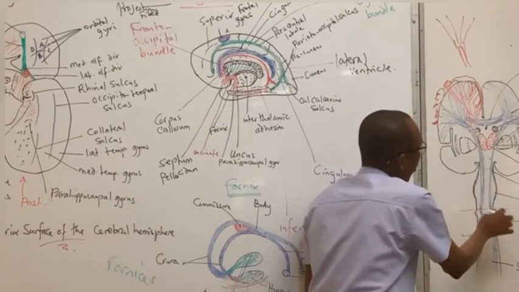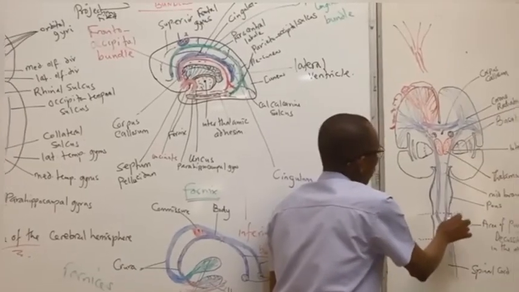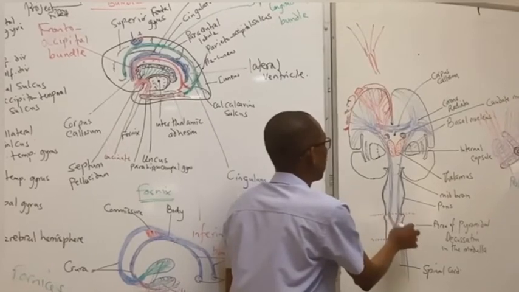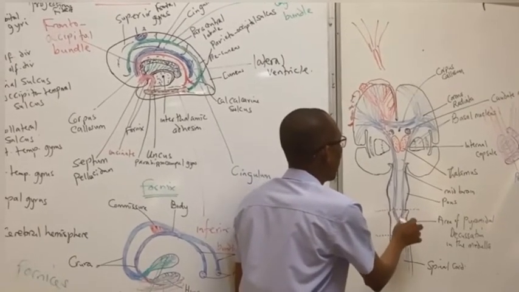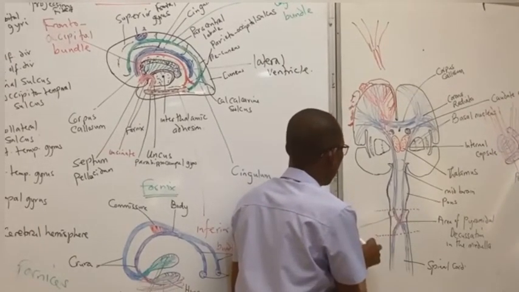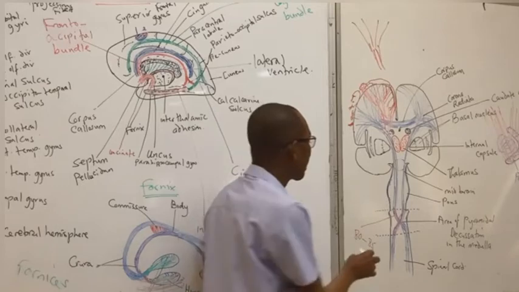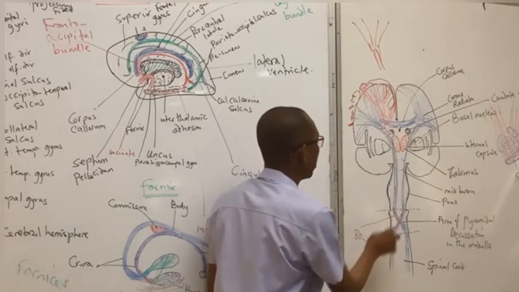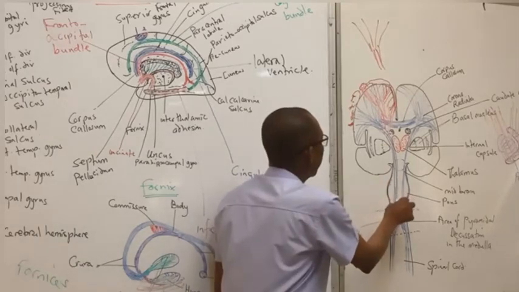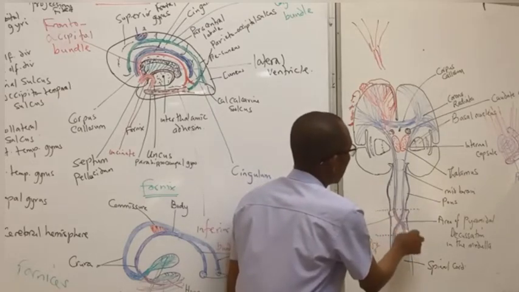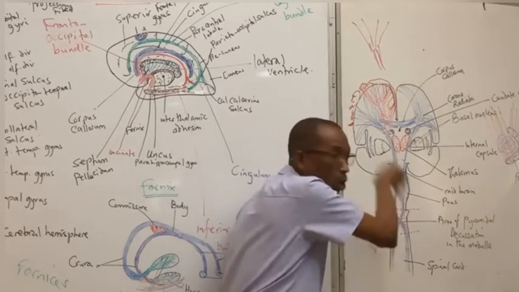In the medulla oblongata, a major part of it crisscrosses. Did you hear my point? About 80 to 85% of these descending fibers crisscross in the medulla oblongata to the opposite side.